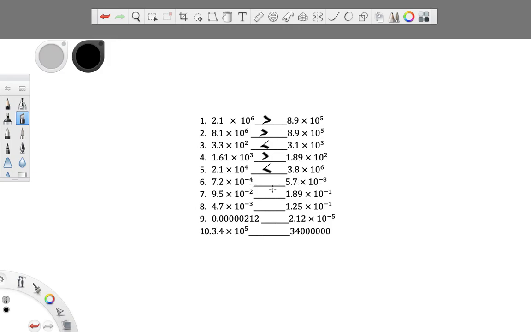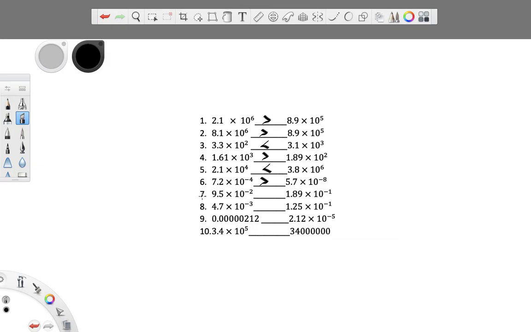Question 6, 7.2 times 10 to the minus 4 and 5.7 times 10 to the minus 8. Well, for minus numbers, as established in the example earlier, we want to look for the less negative number, so the number that isn't as negative. Minus 8 is more negative than minus 4. So 7.2 times 10 to the minus 4 is the larger number.